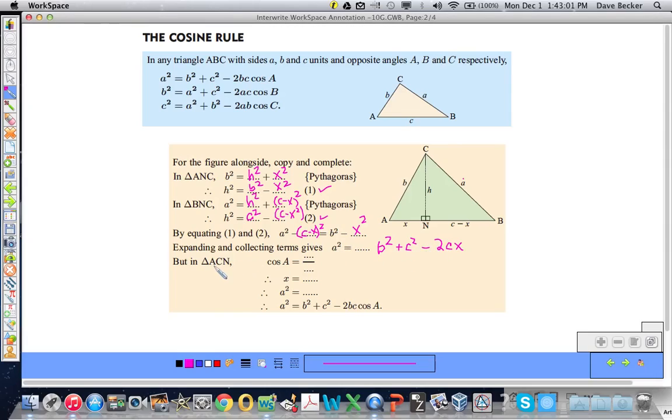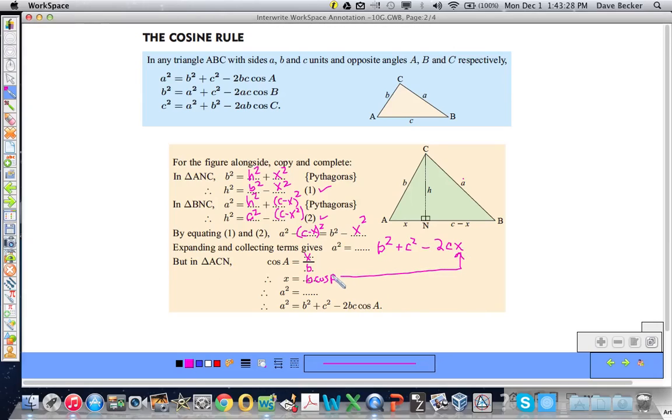But in triangle ACN, see this triangle right here? It's a right triangle. The cosine of A is equal to adjacent over hypotenuse, or x over b. And then solving for x, I multiply both sides by b, and x equals b cosine of A, which I can replace here, right?